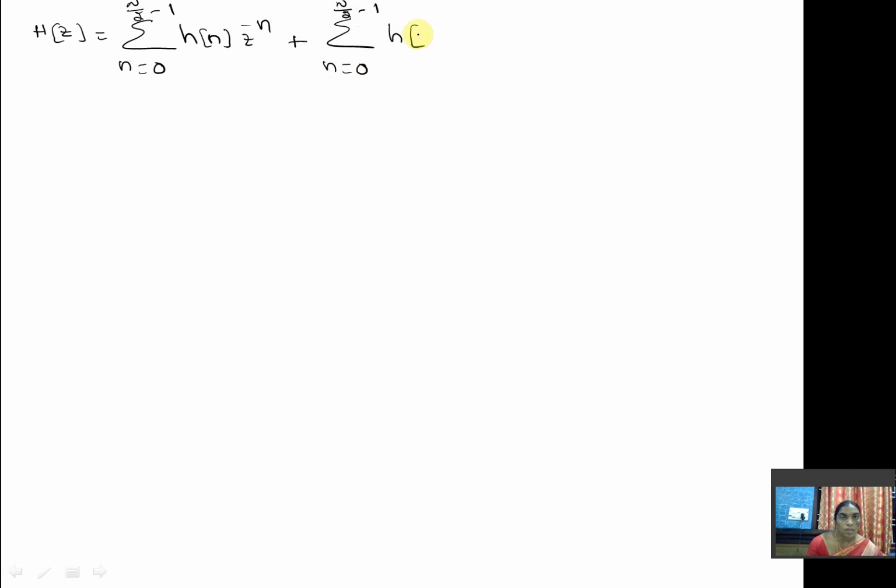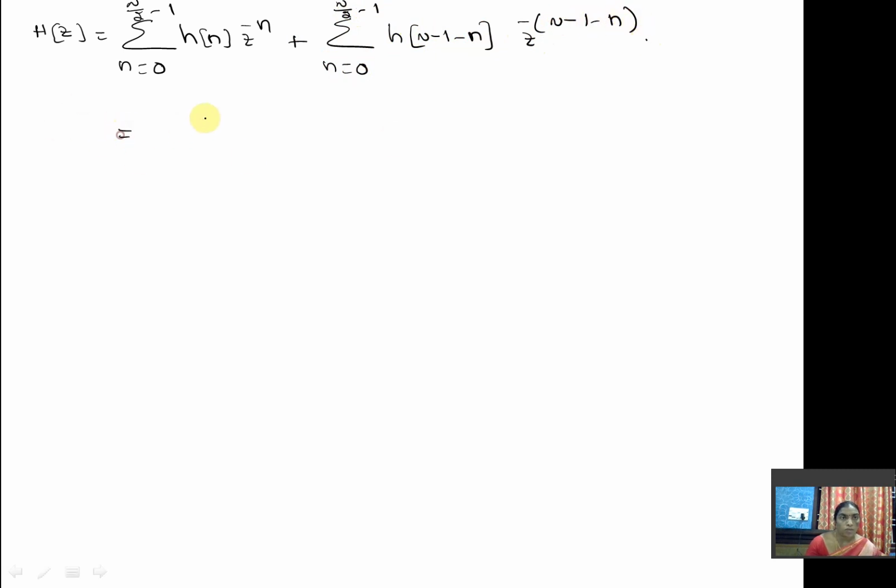So now H of z equals, what is the first sum? Summation n equals 0 to N by 2 minus 1 of h of n z power minus n, plus the second sum, 0 to N by 2 minus 1, of h of N minus 1 minus n z power minus of N minus 1 minus n.